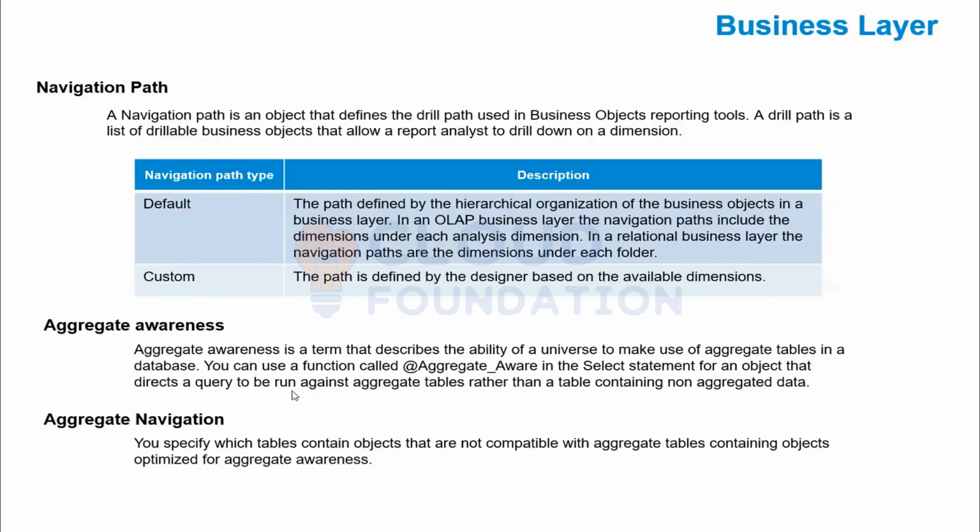Aggregate awareness. Aggregate awareness is a term that describes the ability of the universe to make use of aggregate tables in a database. Aggregate tables are aggregated to quarter and month, so the formulas and the sum are already done at the database level.